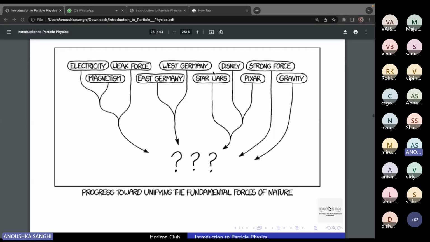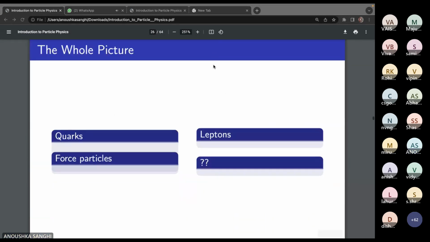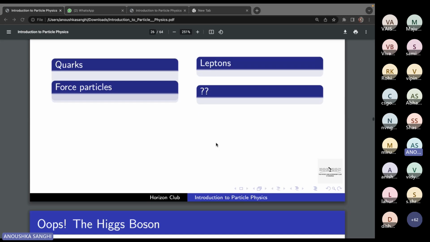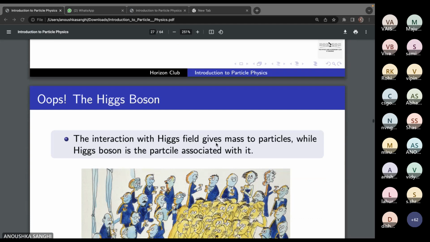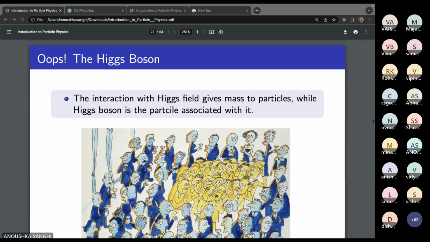But one more picture which we talk about: we discussed quarks, leptons, and force particles like bosons. But I think there is some special particle which is missing, something which can explain some weird things. Yes, the Higgs boson.